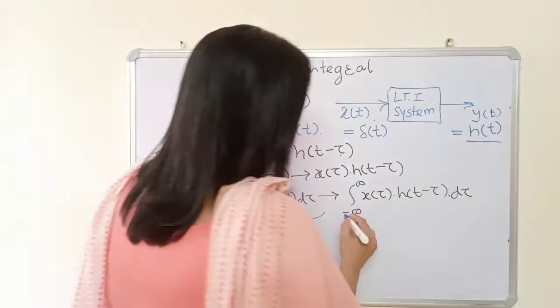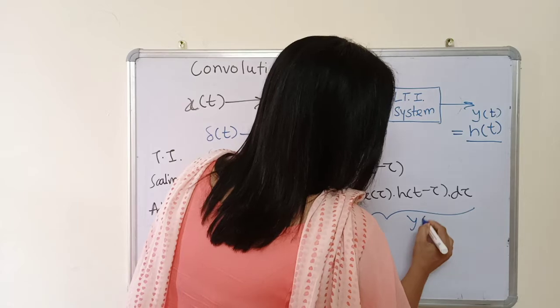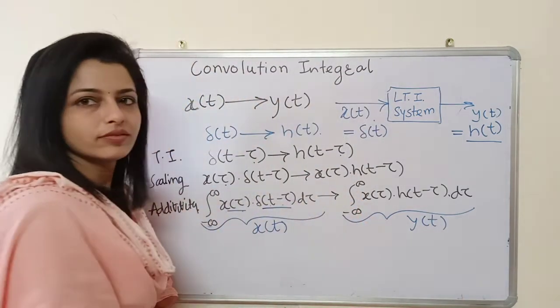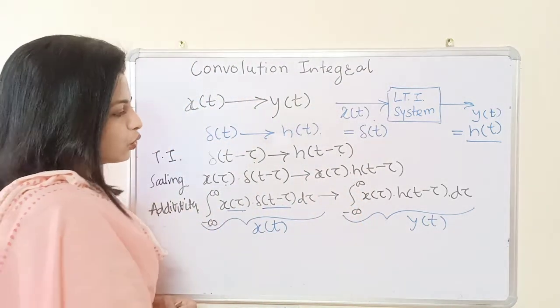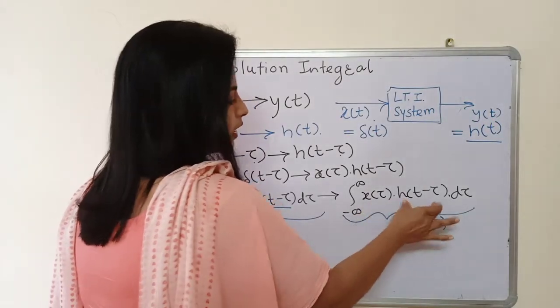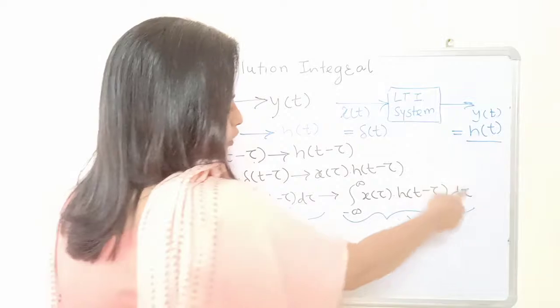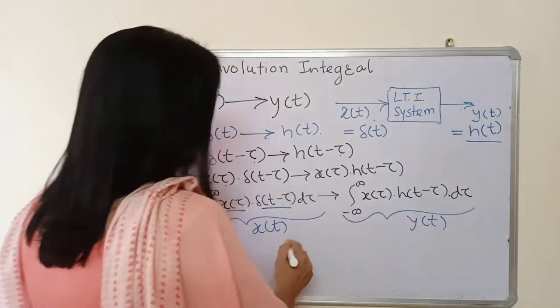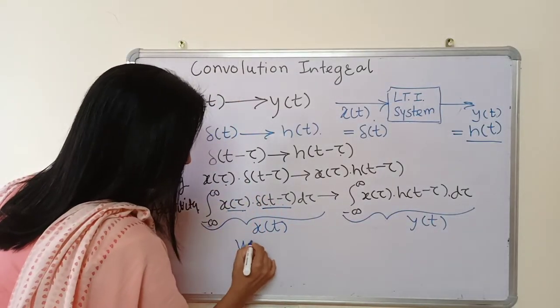So y of t can be expressed in terms of x of t and h of t in this form. We'll write the formula for y of t.